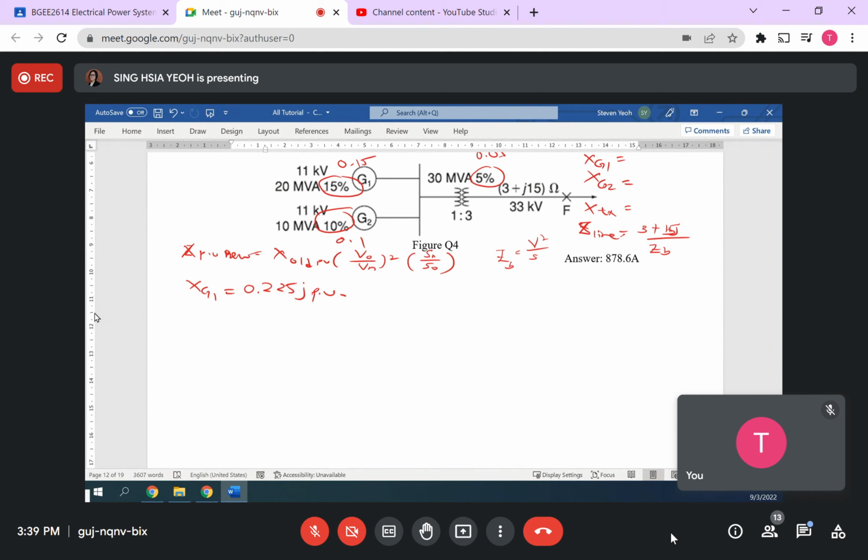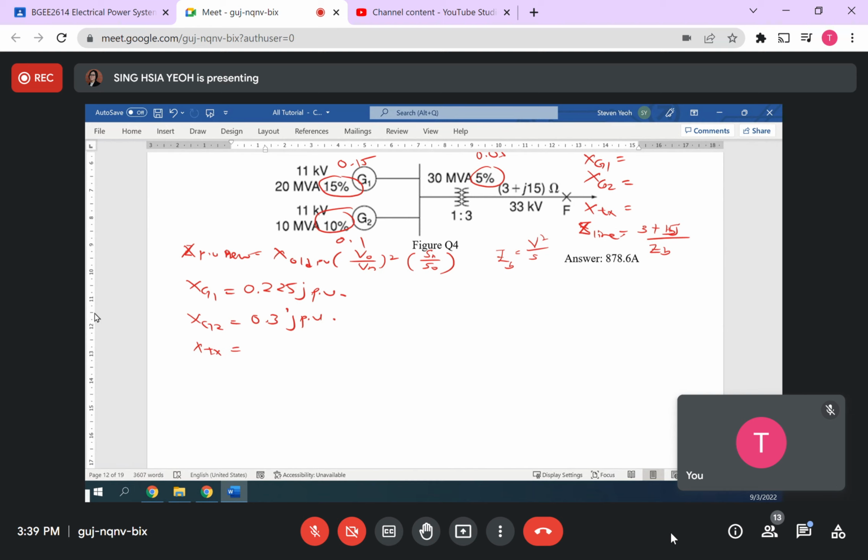Then what's your xg2? Yes, very good. 0.3j pu. Then x transformer. Anyone?